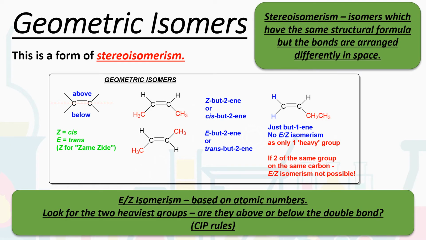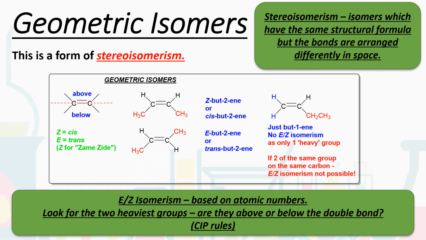The other type of isomerism is called geometric isomerism, and it's a form of what we call stereoisomerism. So stereoisomerism is where we have isomers that have the same structural formula, i.e. the atoms are all connected in the same way, but the bonds are arranged differently in space. They have different 3D arrangements.